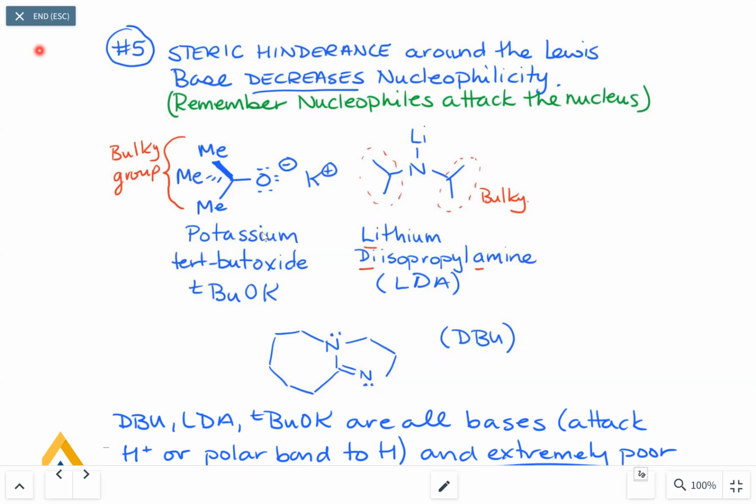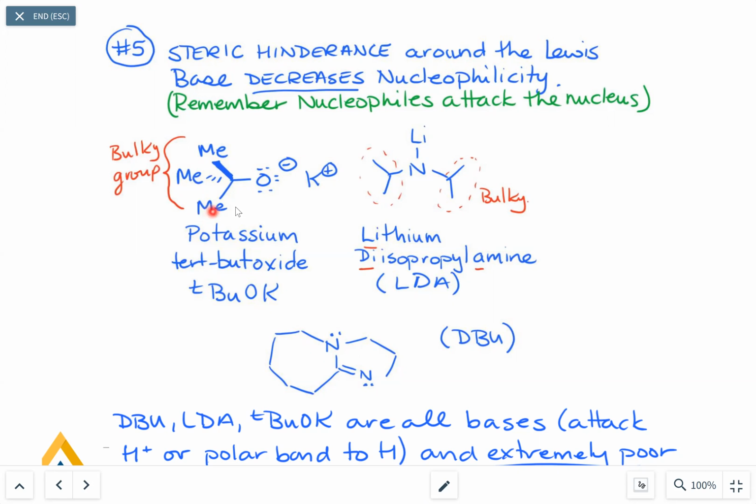If you're trying to be the nucleophile, like you're this oxygen, and you've got a bunch of bulky groups around you, your ability as the oxygen to attack a nucleus is going to go down because you've got all these large groups that could get in the way.